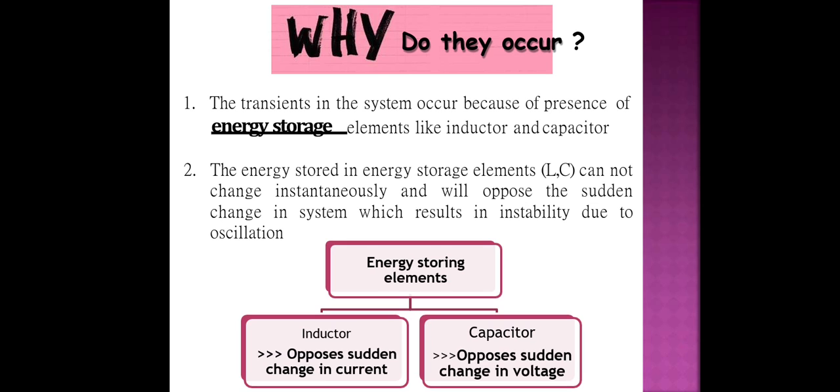We already know that the inductor and the capacitor are very important, because the capacitor is a charge storage element, right? Similarly the inductor is also the same, generally the energy storage elements are L and C. The inductor and the capacitor cannot change instantaneously and will oppose the sudden change in a system, which results in instability due to oscillations.